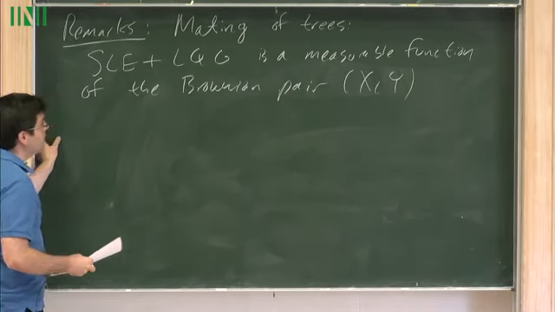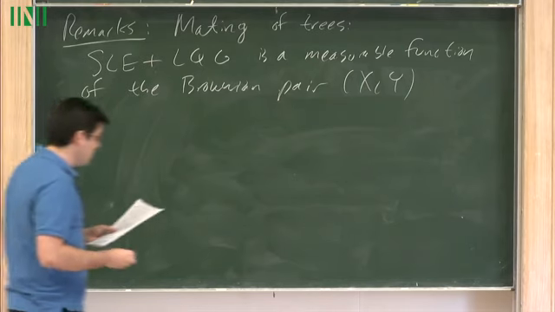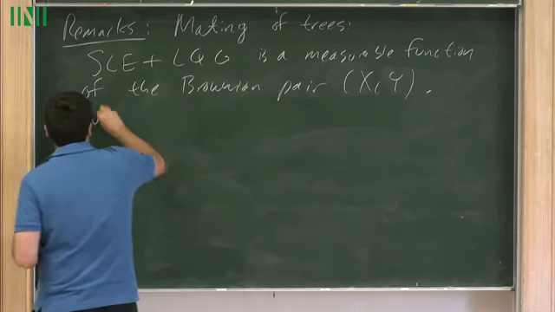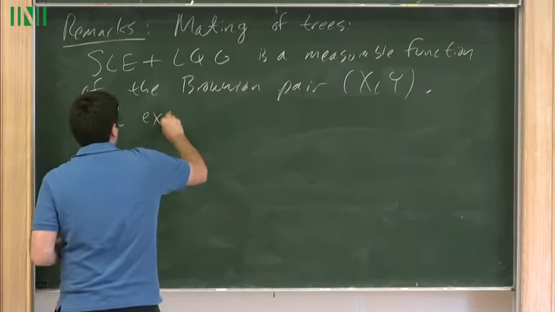But the point is that in the mating of trees, this is actually a non-explicit function. Okay? So this is not explicit.